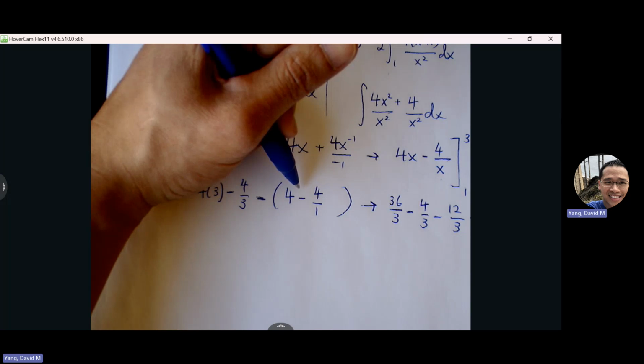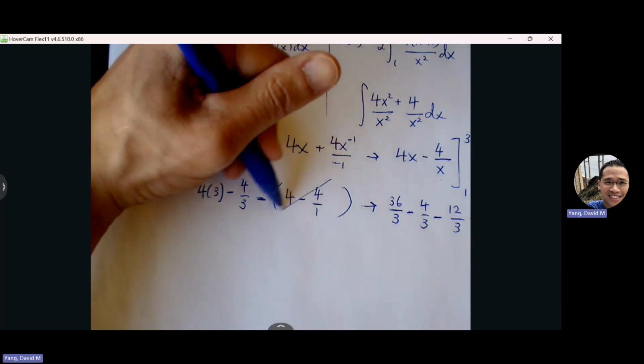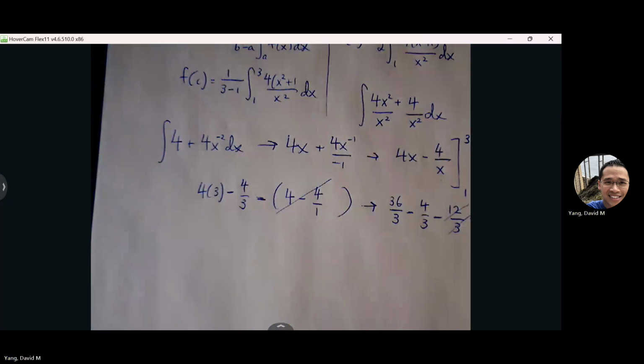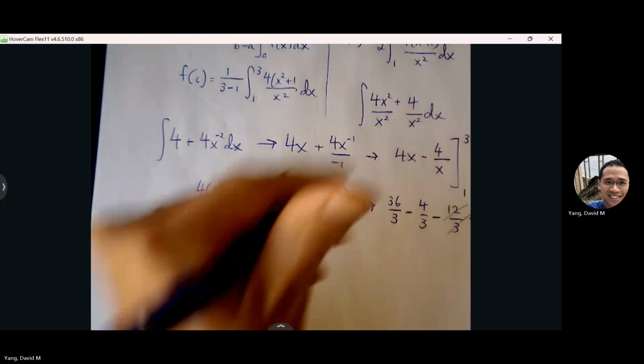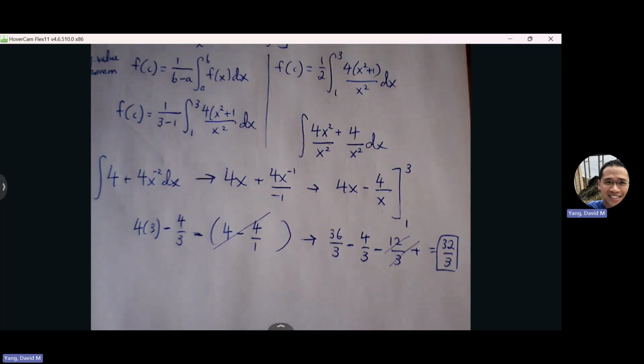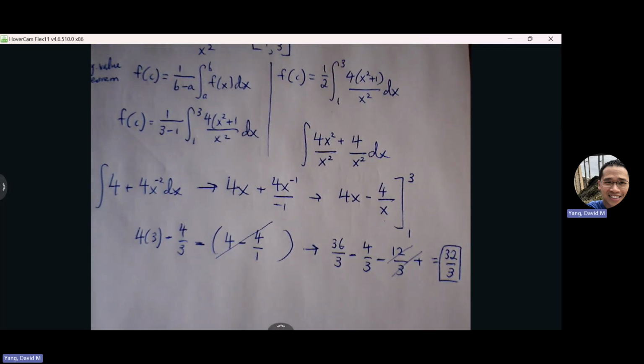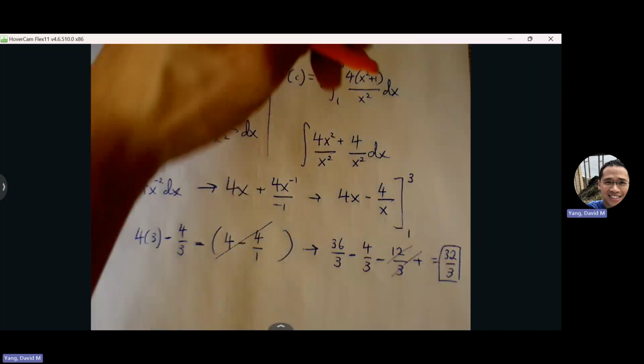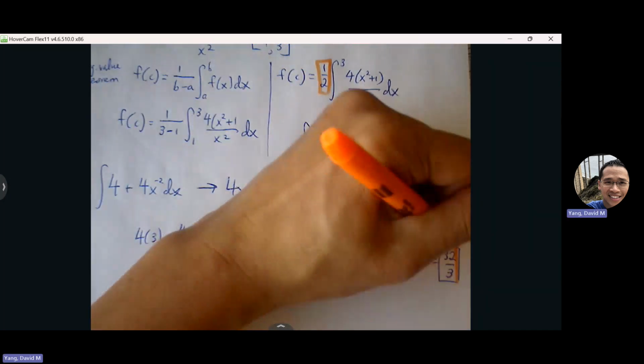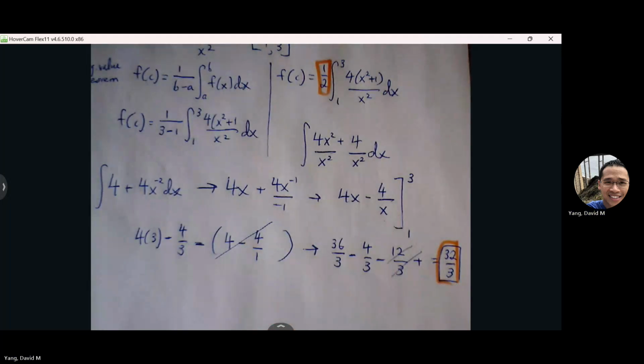That 4 minus 4 is a 0. Okay, I'm just going to wipe this out here. So the result of my integral is 32/3. I don't want to forget about that 1/2, so I'm going to bring that 1/2 back into my calculation.